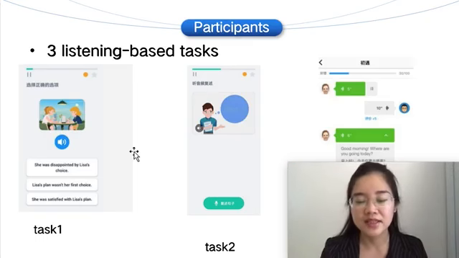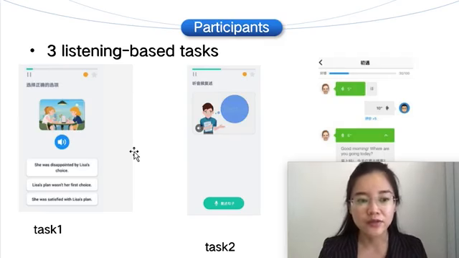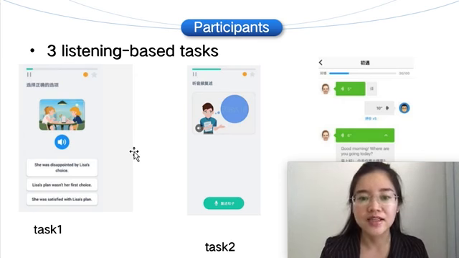Whatever the proficiency level of the participants, in each lesson they have to listen to a lifelike dialogue presented with pictures and complete a combination of three listening-based tasks. As we can see from the picture, task 1 is a three-option multiple choice question with the options written. Task 2 requires the learners to repeat what they have heard in the oral input, aided by a theme-related picture.